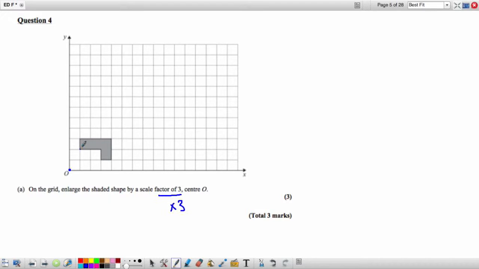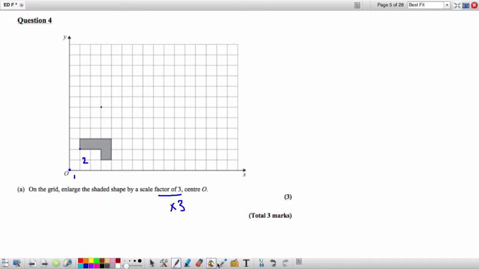If we take this point here, we go across 1 and then up 2. So we're going to multiply that journey by 3. Instead of going across 1, we go across 3. Instead of going up 2, we go up 6. So this is our new corner.